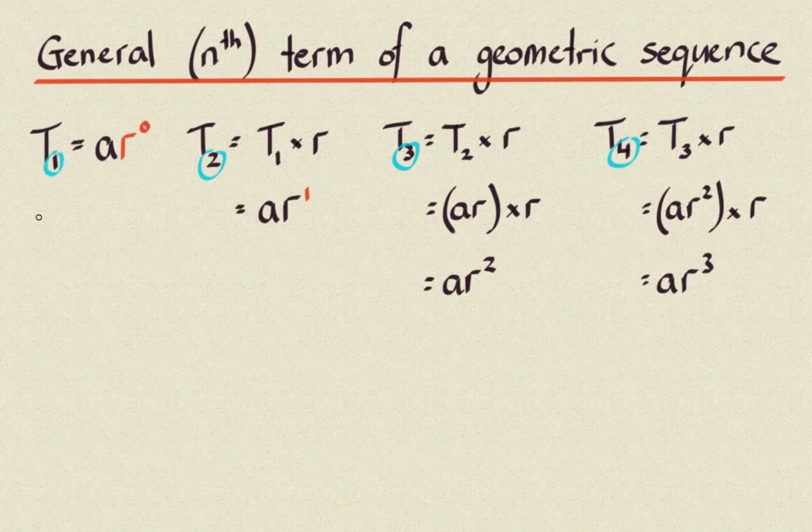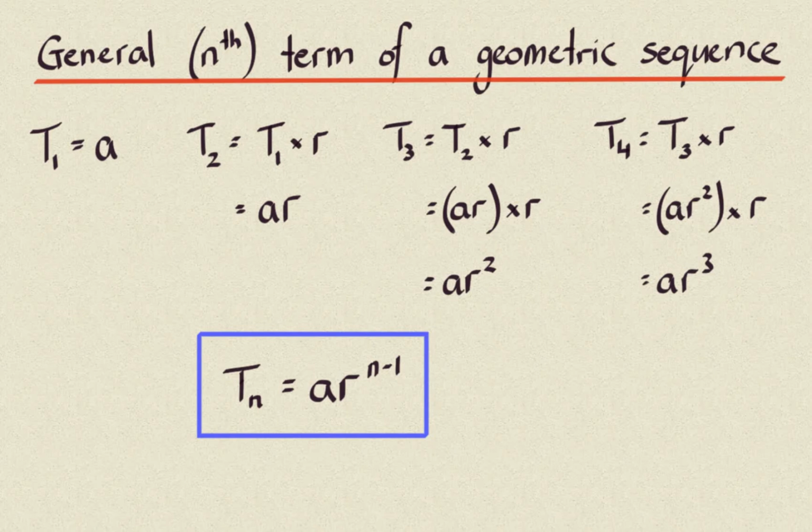So we can compare n with this power, n with this power. And we see each time that the power of r is 1 less than the n value. So generalizing this information gives us that the nth term is equal to a times r to the power of n minus 1. This power of r is 1 less than the term we are trying to find.